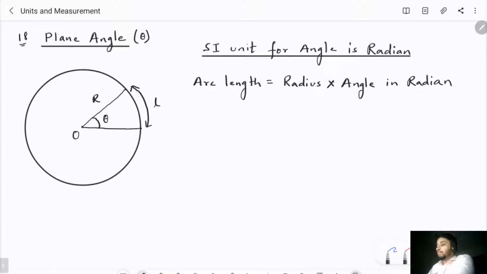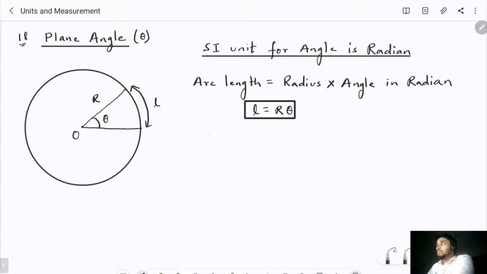So we can write arc length L equal to r into theta. This is the formula that we have.